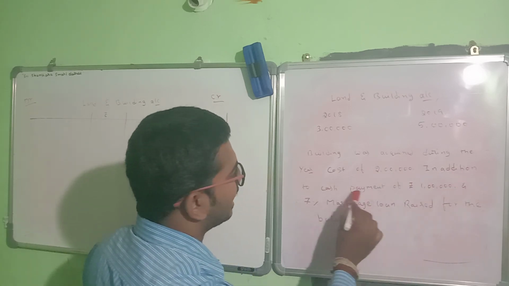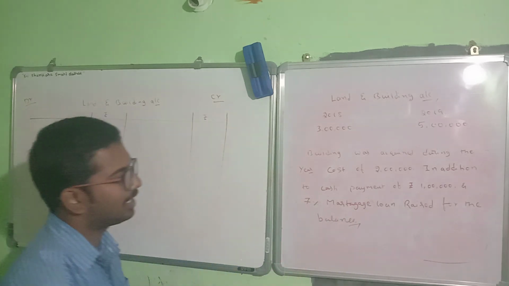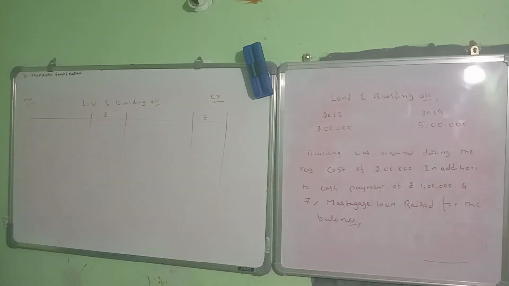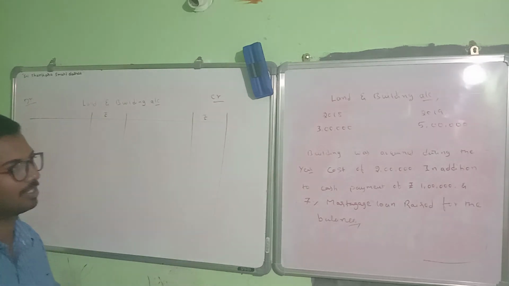In addition, the cash payment they made was only rupees 1 lakh, and for the remaining balance they took a 7% mortgage loan. So how do you record this entry when preparing the ledger accounts? Let us see.